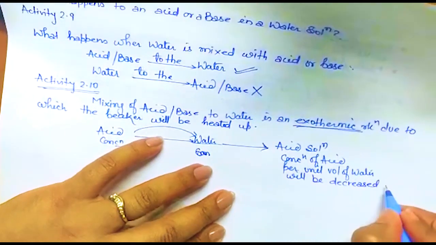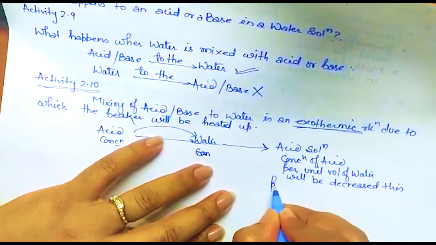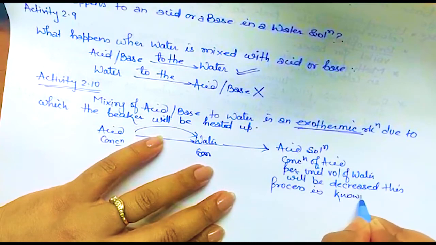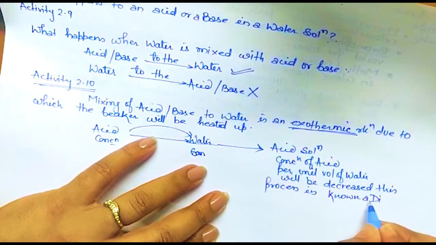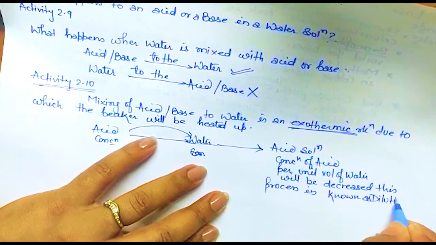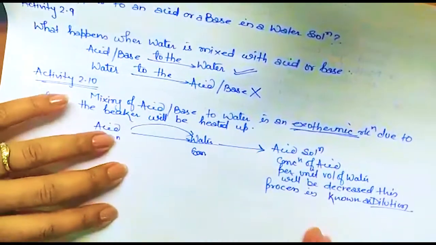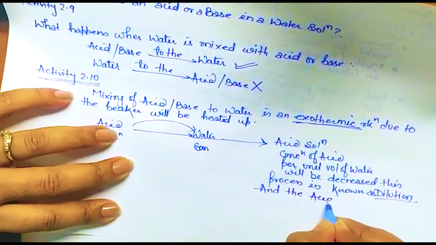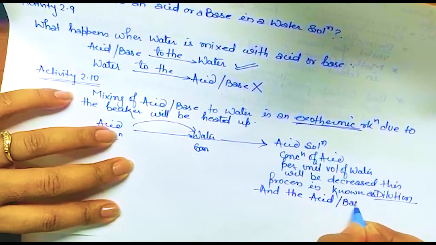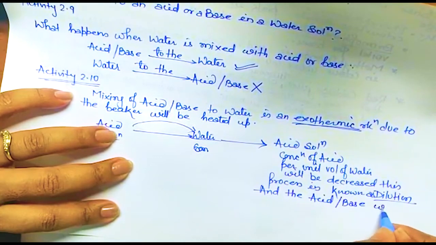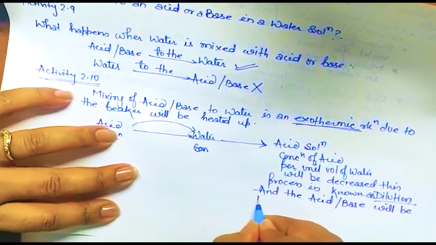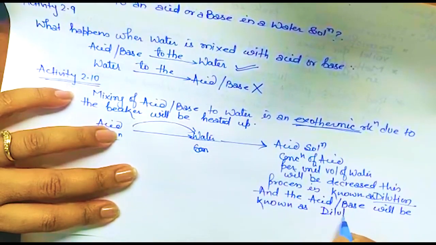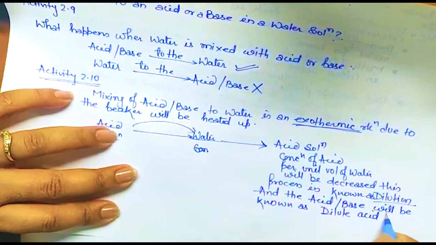So this process is known as dilution, and the acid or the base will be known as dilute acid or base.